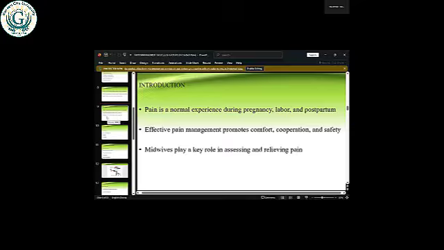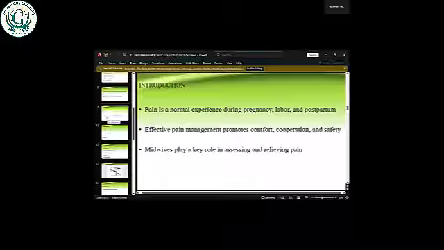And when we talk about pain management, it is the multidisciplinary medical approach designed to diagnose, alleviate, and manage both acute and chronic pain to improve clients' quality of life and functionality.